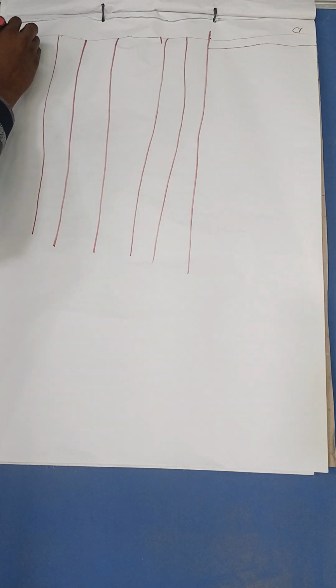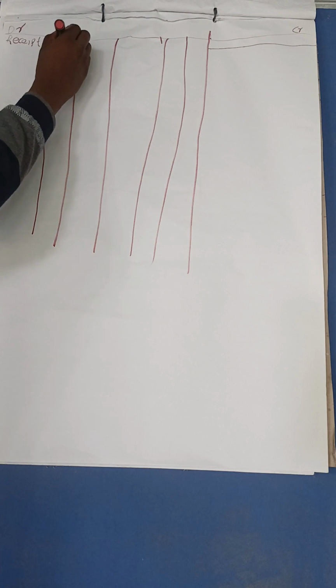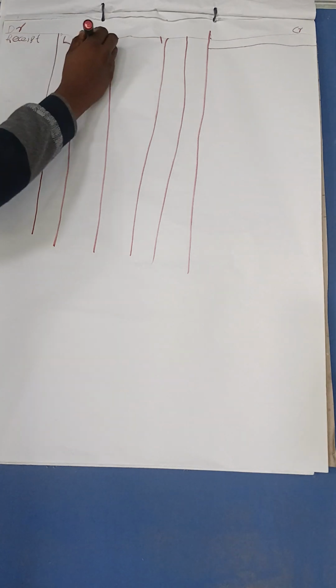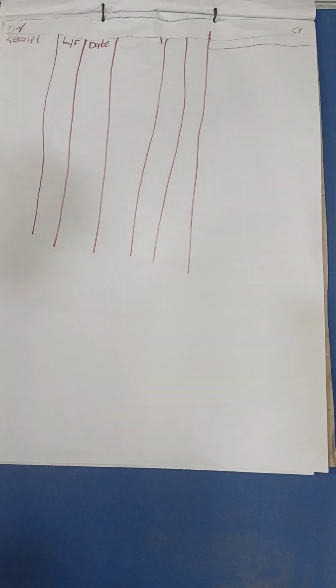I said the first column, I will call it receipt column. Then this one I will call ledger folio. Then the next one I'll call debit. After debit I will have particulars.